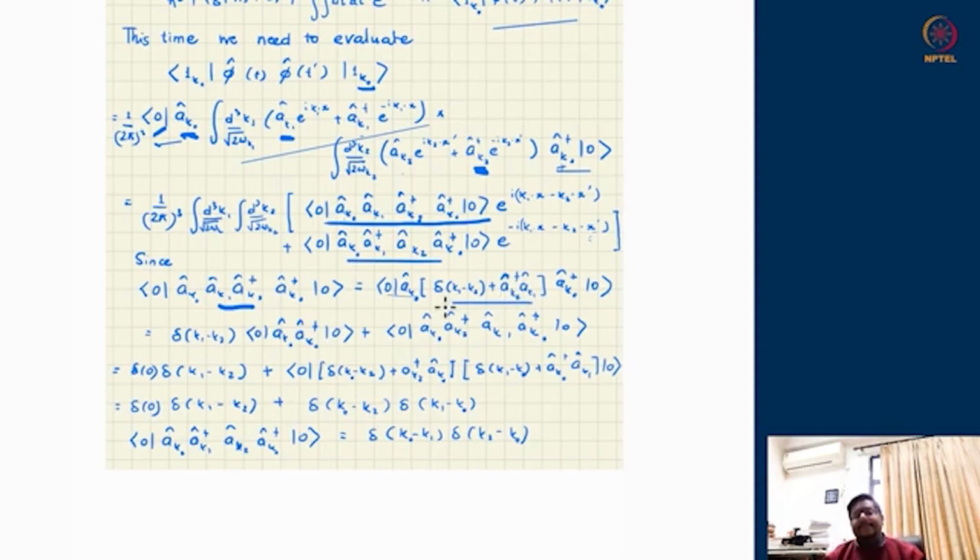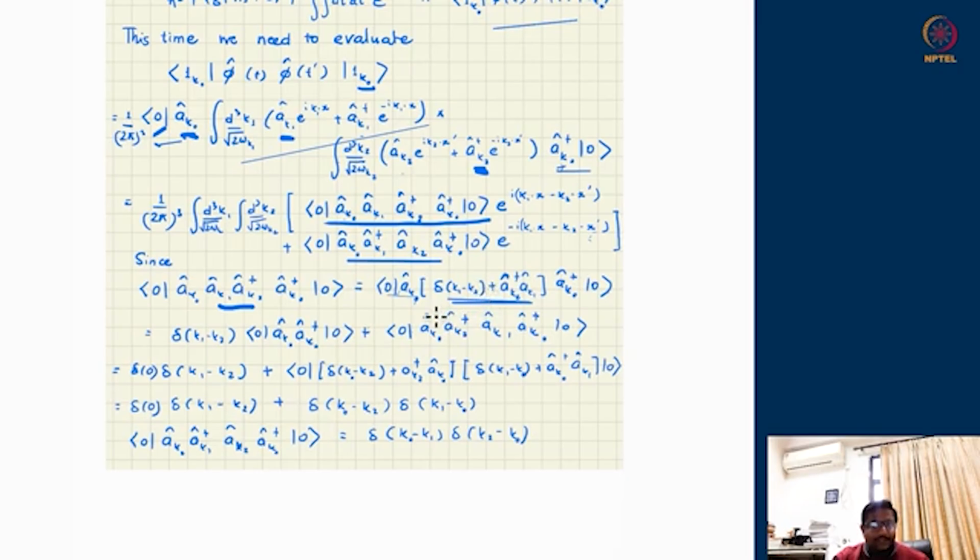And as before, a_k0 and a_k0 dagger are appearing on the left and the right respectively. So then I open up the square bracket and I will get two terms. First term is delta(k1 minus k2), which is coming with an identity, which I'm not writing over here.